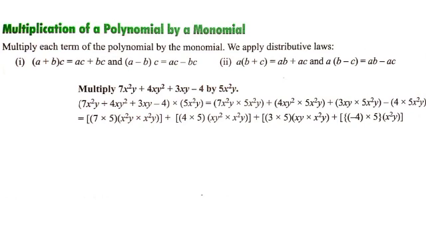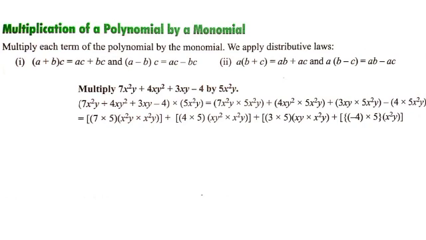Now divide every term inside the bracket into constants and variables. So we get 7 × 5 and x²y × x²y, plus 4 × 5 and xy² × x²y, plus 3 × 5 and xy × x²y, minus 4 × 5 and x²y.